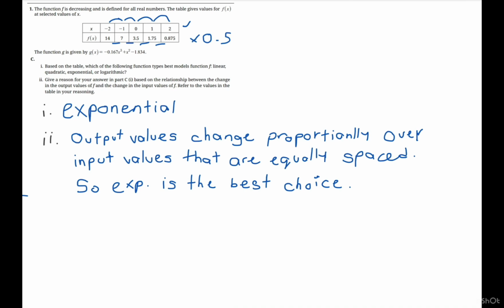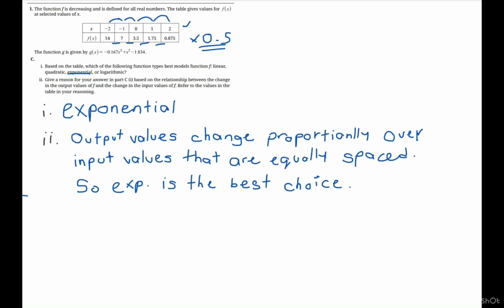And whenever you notice proportionality where the outputs are proportional to each other by a constant proportional factor, then it will always be an exponential function. So based on the table, an exponential function best models function f.